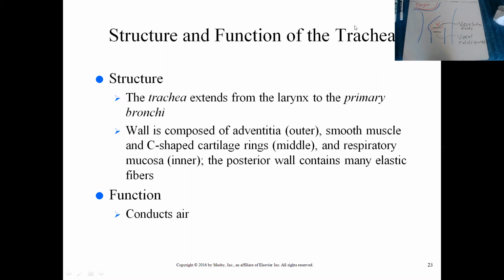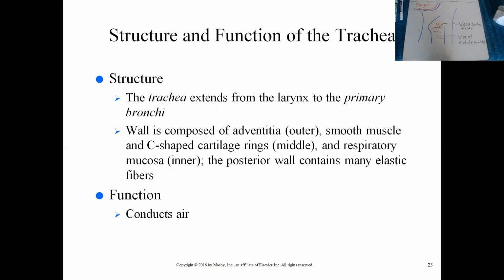Okay, now lower respiratory tract. Up to this point, to review the flow of air, when inhaling, it went from external nares, vestibule of nose, meatuses, internal nares, nasopharynx, oropharynx, laryngopharynx, larynx.